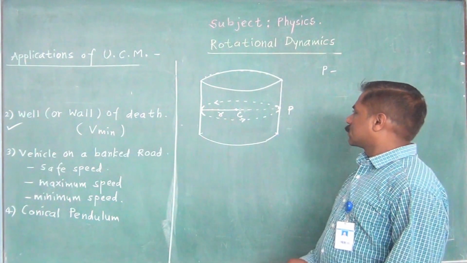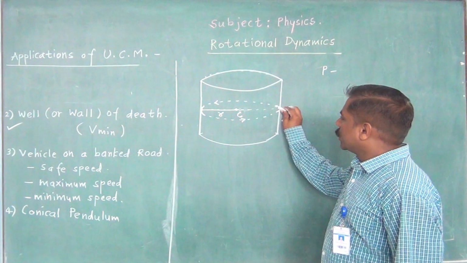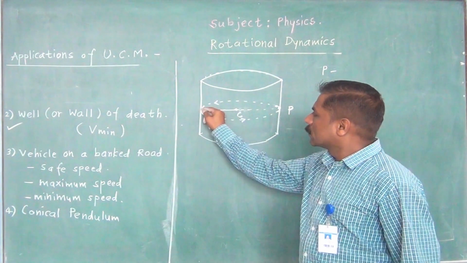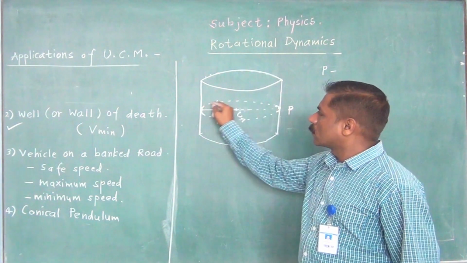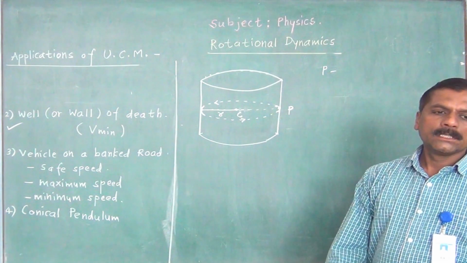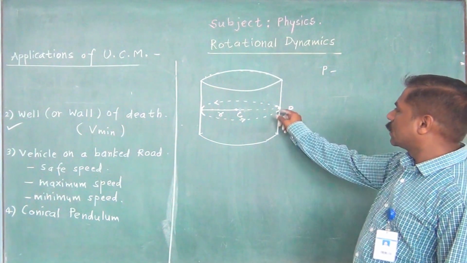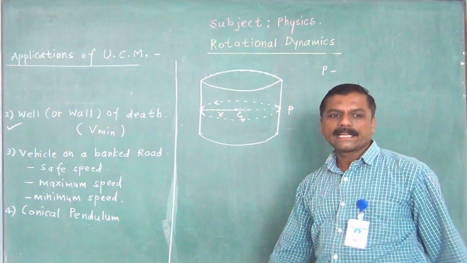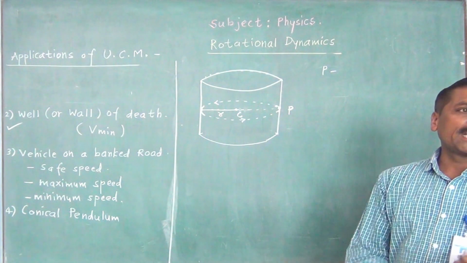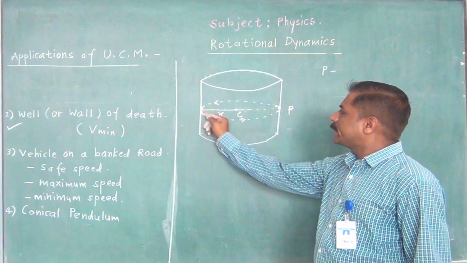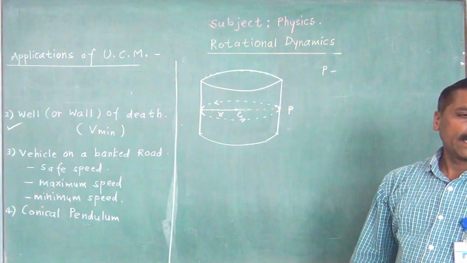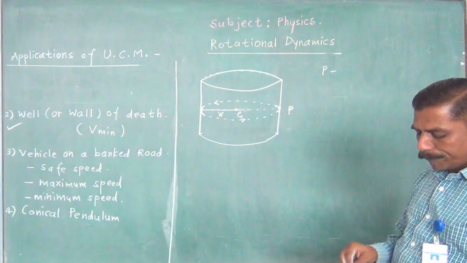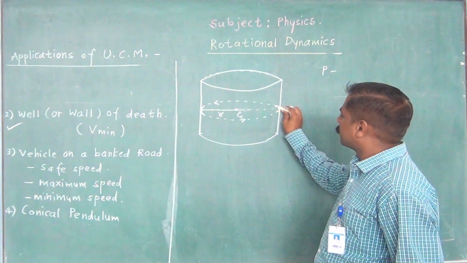We want to find out what will be the minimum speed of this vehicle when it completes such a horizontal circle. The vehicle must stick to the wall. Then and only then, without slipping or skidding, it can complete such a revolution. So if we consider this, we want to consider the different forces acting on this vehicle.